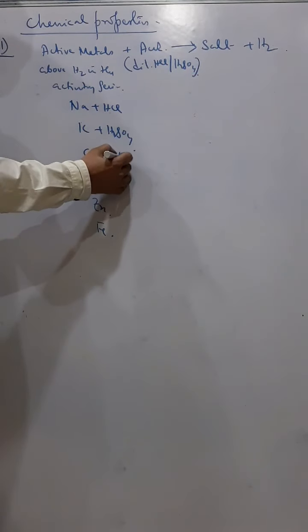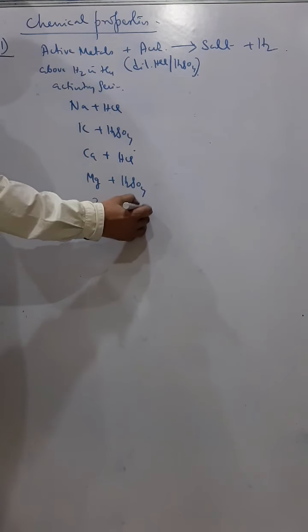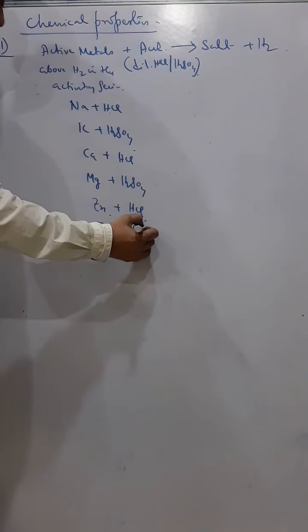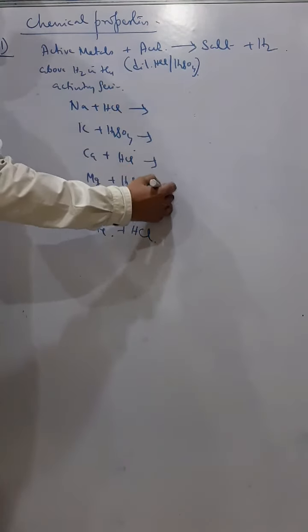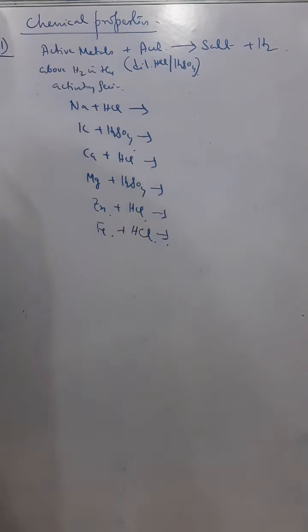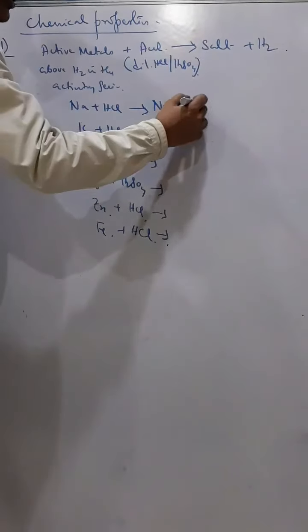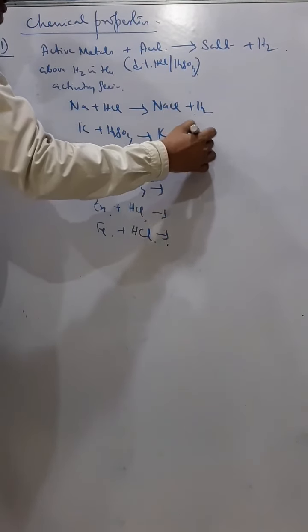I am just showing some examples. So you get sodium chloride, salt and hydrogen. Everybody will give you salt: K2SO4 plus hydrogen.